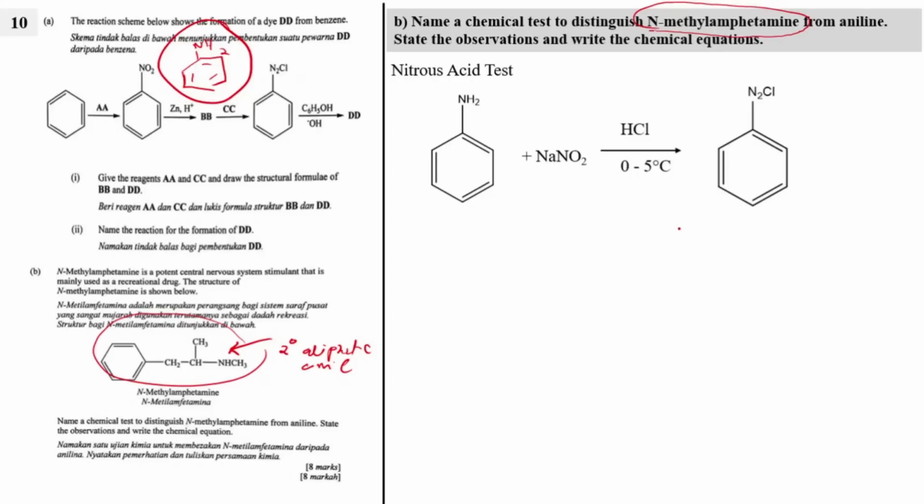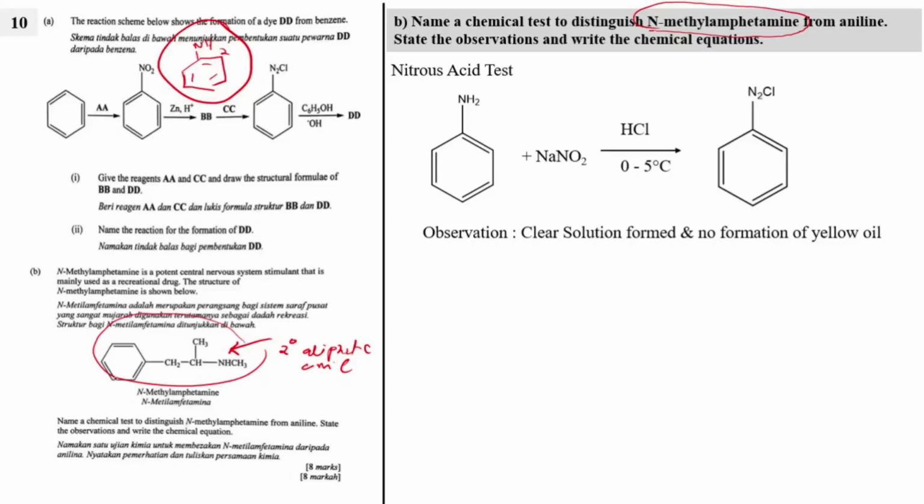Okay, and this will not produce any yellow oil, and a clear solution is going to be formed because this one is soluble in water, especially at the lower temperature. Okay, and it will not give off nitrogen gas unless it is being heated.